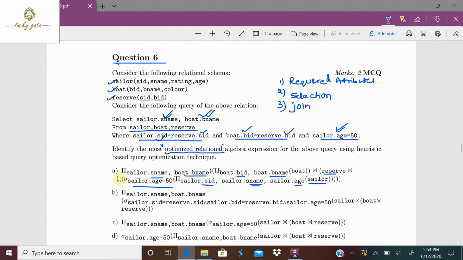So this is exactly following the approach for the optimized relational algebra expression. So option A is the correct option and the remaining options are incorrect. Keep in mind, friends, these are the steps required for the optimized query: 1, 2, 3, that is required attribute selection, then selection, then join.